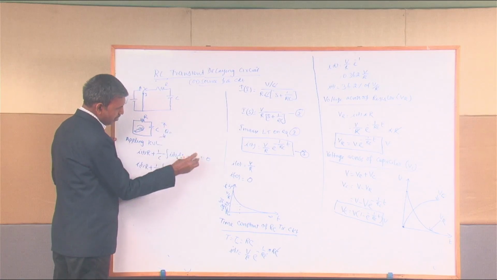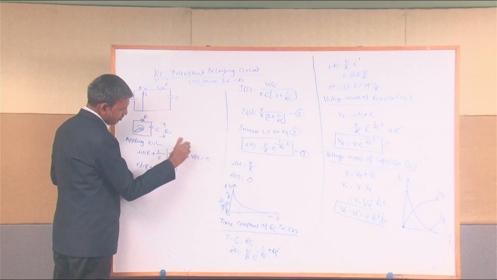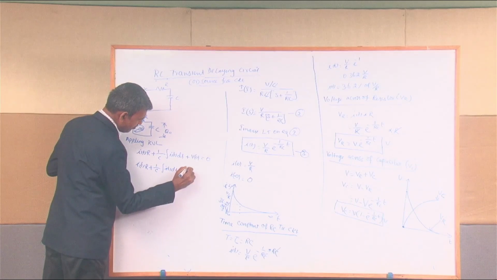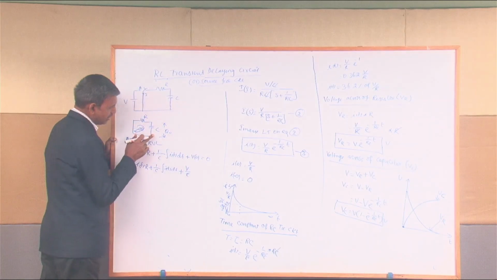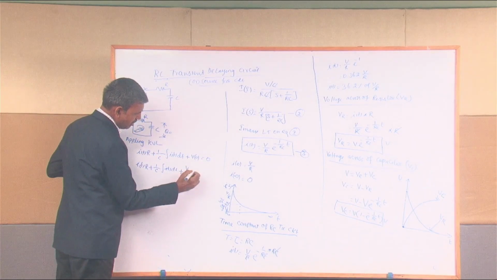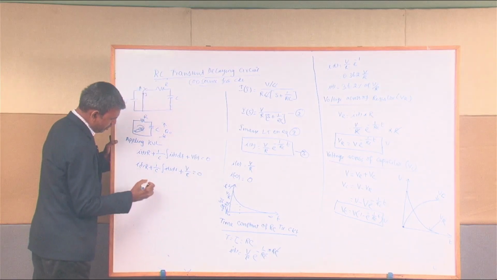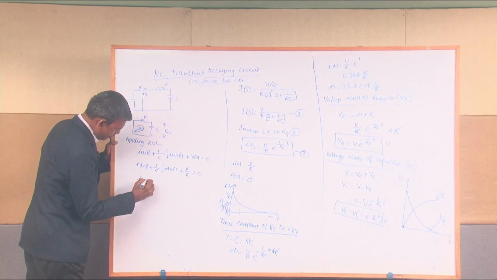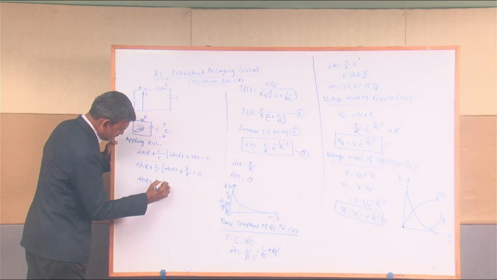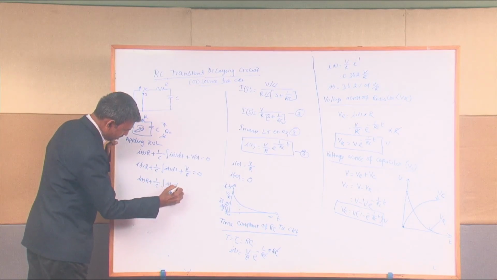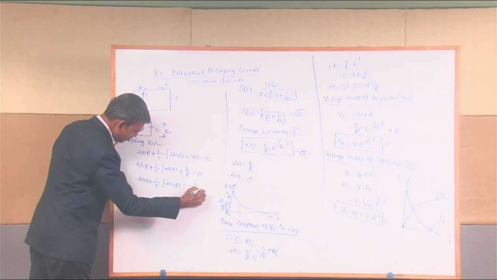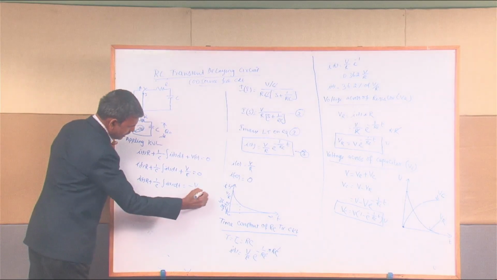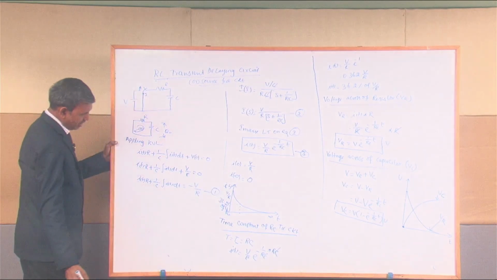The initial charge is converted into voltage, which will be V by R. So I of t into R plus 1 by C integral of I of t into dt is equal to minus V by R. This is equation number 1.